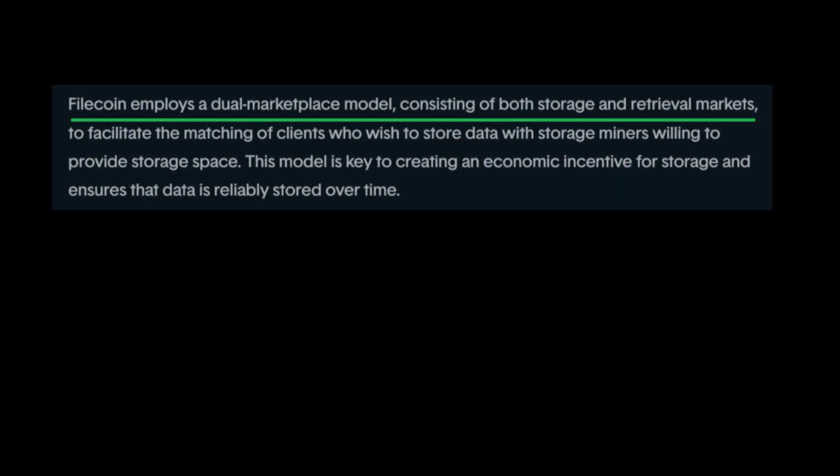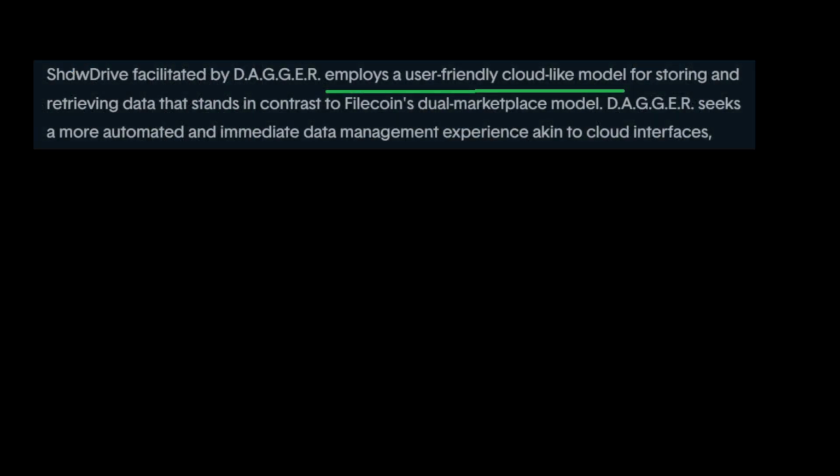The blog says that for data storage and retrieval, unlike Filecoin's dual marketplace approach, where there is a separate marketplace for storage and retrieval, Shadowdrive is more straightforward. Data storage and retrieval on Shadowdrive are similar to Dropbox, where users can upload and retrieve their files.